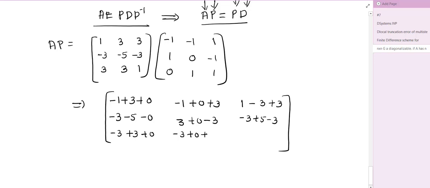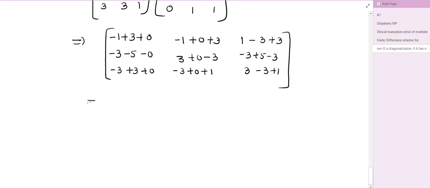Now, when you write the solution, this is 2, 2, this is 2, minus 8, this is 0, and this is minus 1, then this is 0, minus 2, this is 1.